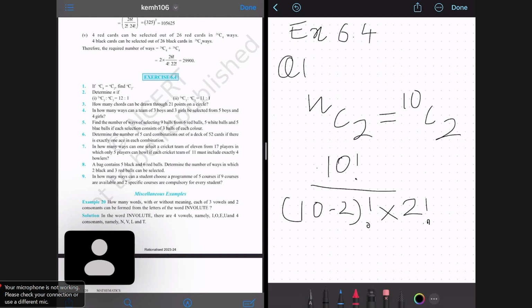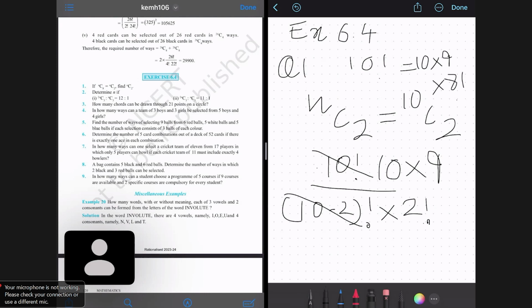Correct. So this is 8 factorial, and up above we have 10 factorial. This can be cancelled out, and we can write 10 into 9 in place of this, because 10 factorial could be expressed as 10 into 9 into 8 factorial, and that's how we are able to cancel out 8 factorial from the numerator and denominator.